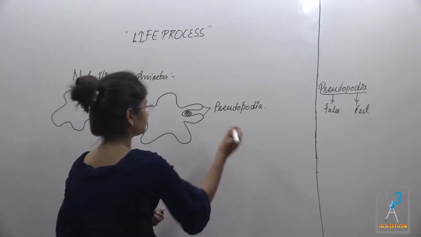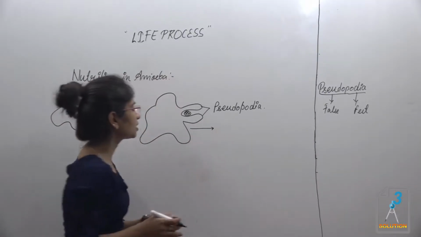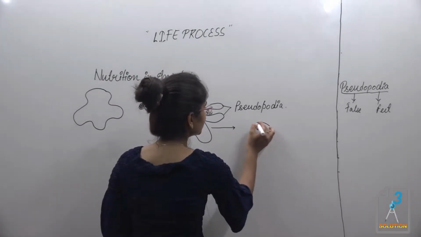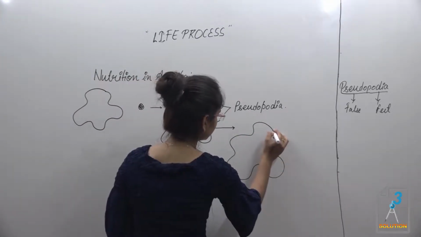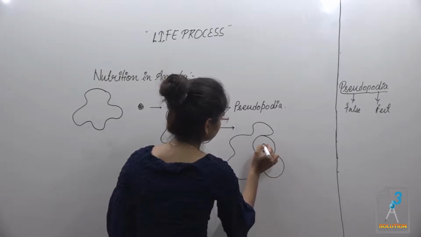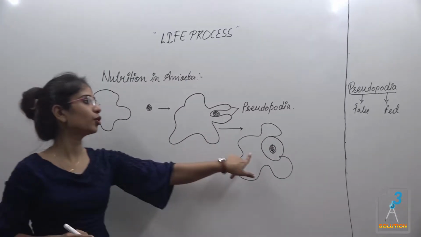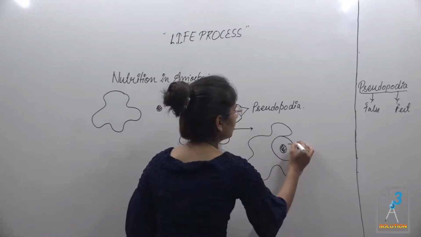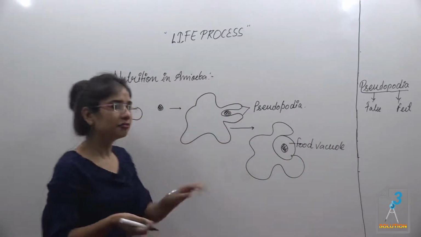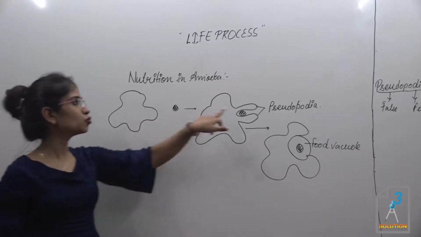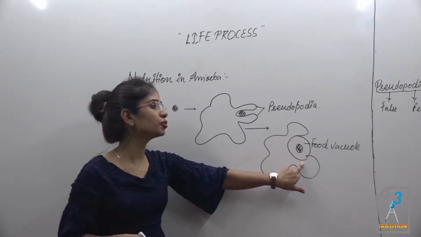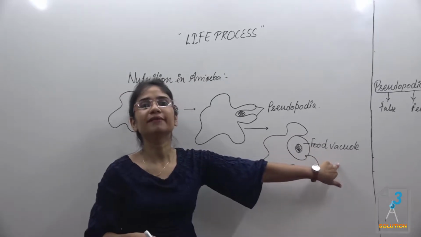In the next step, what will it do? It will simply engulf the food particle inside it, and it will form a food vacuole. Yes, this is the body of the amoeba, and here it has formed a food vacuole. First, the amoeba notices the food, it moves toward the food and forms the pseudopodia, and in the next step, it engulfs the food particle and forms a food vacuole.